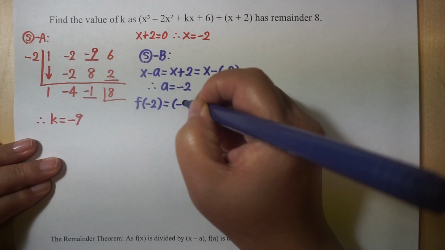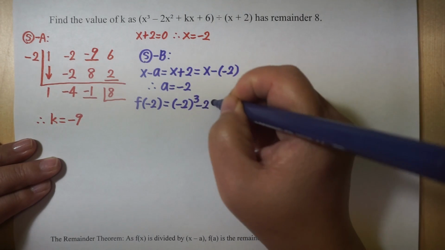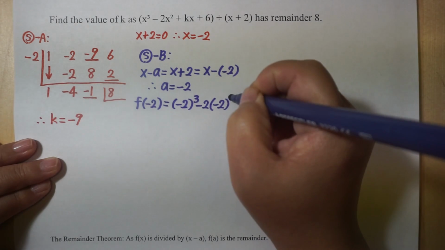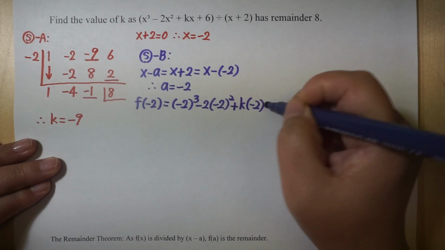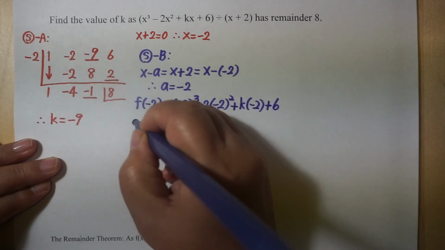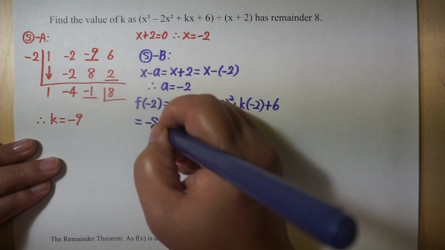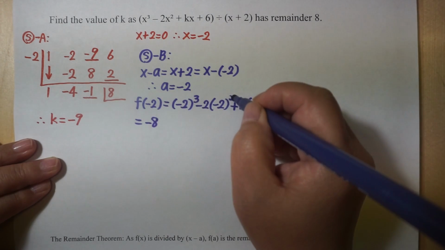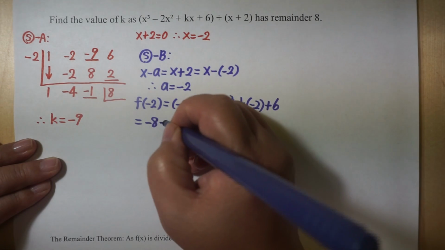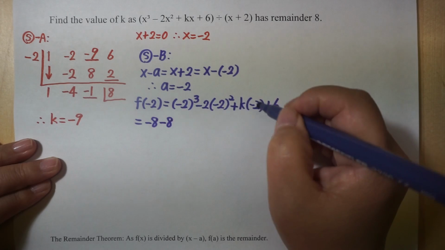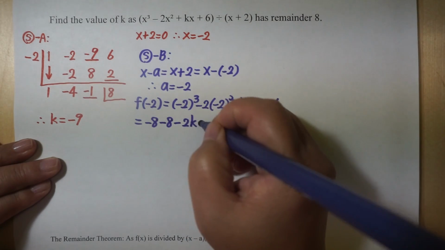So negative 2 cubed minus 2 times negative 2 squared plus k times negative 2 plus 6, and we're going to organize this one. Negative 2 cubed is negative 8, negative 2 squared is positive 4, and negative 2 times positive 4 is negative 8, and then k times negative 2 is negative 2k, and plus 6.